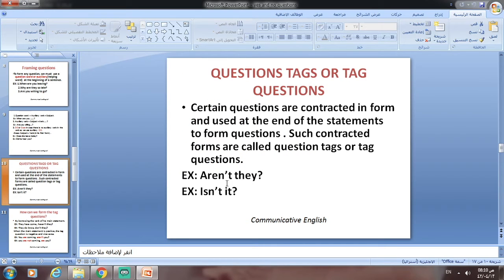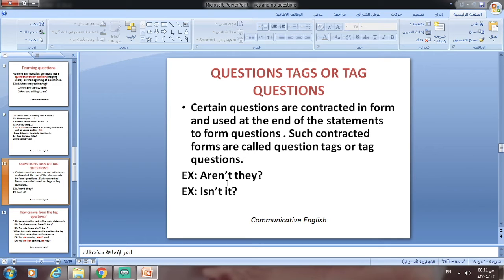Now let's learn about the question tags or tag questions. Certain questions are contracted in form and used at the end of the statement to form questions. When we want to form a question, we must put the question at the beginning of the sentence.